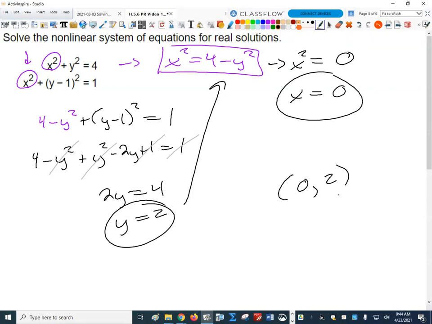Okay. So this time we had two circles that intersected tangentially. What this one looks like exactly is something like this.